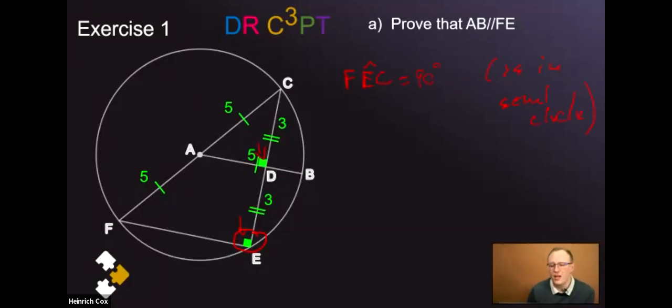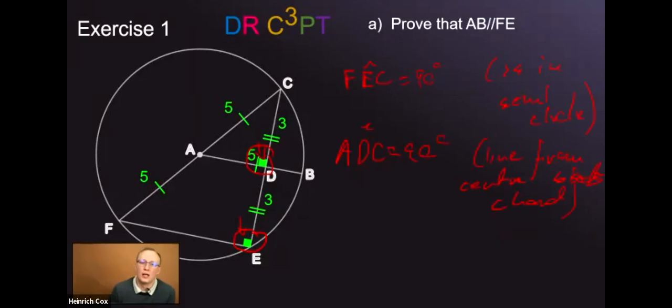Then we also need to say why that was 90 degrees, right? So for that, we can now say, okay, we know that ADC is equal to 90 degrees. And the reason for that was we had a line from the center, right? And that line from the center bisected the chord.